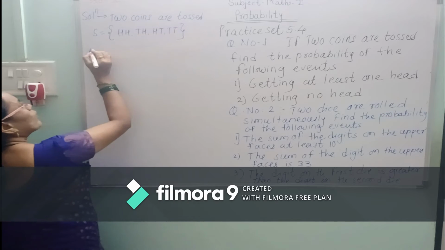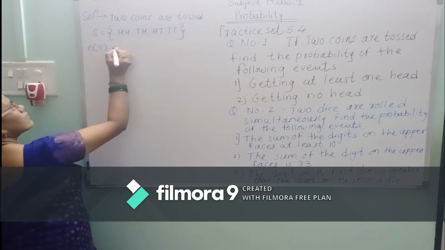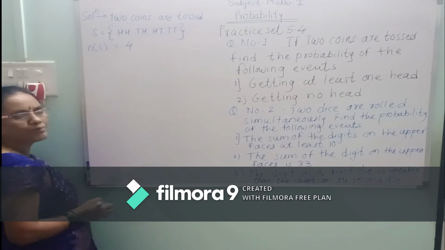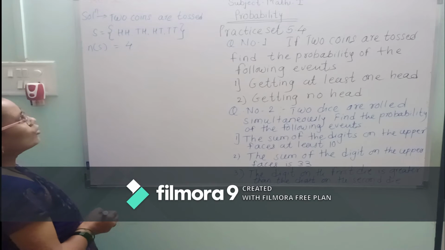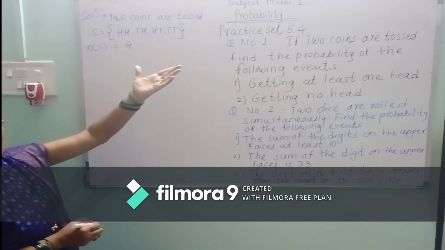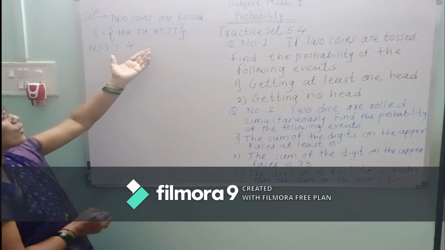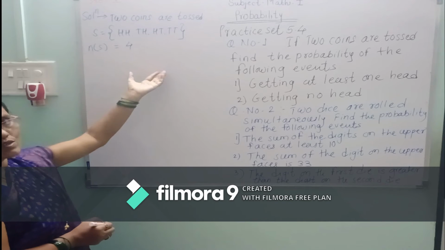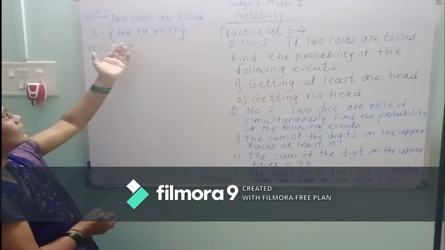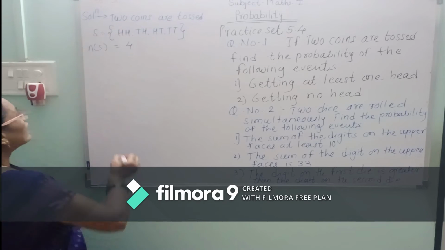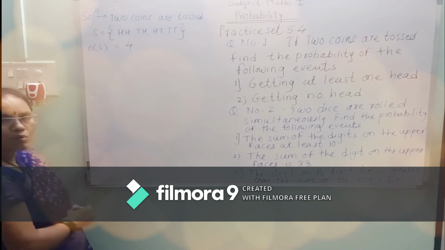So the total number of sample points, n(S), is equal to 4. You know when two coins are tossed, these are their sample points. Then write n(S) is equal to 4.